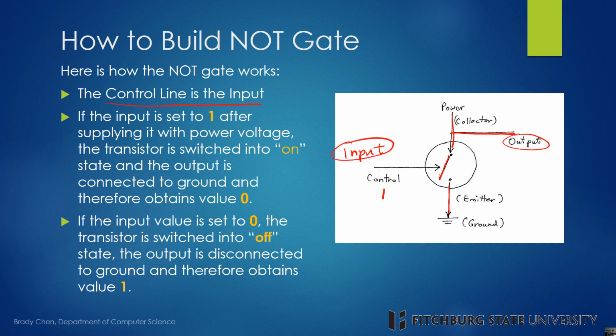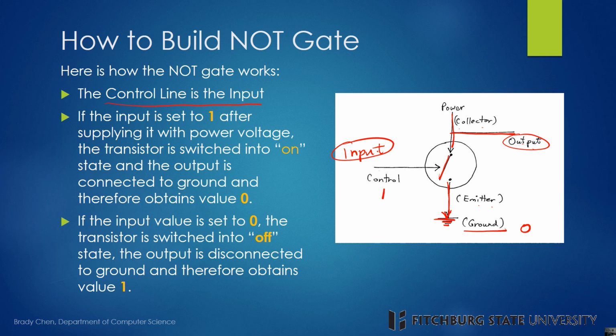Here's the input, here's the output. And the other line, the emitter line, we actually set to the ground. Ground basically means we touch the ground, so all the power is going to be reduced to 0.